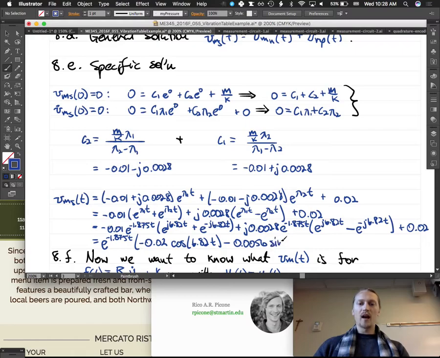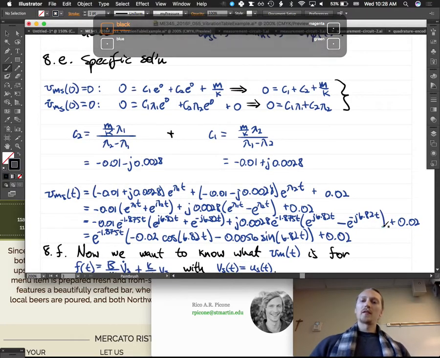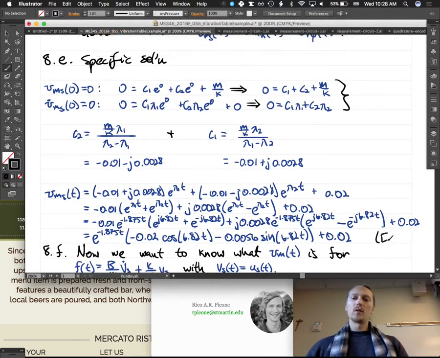So this one is sine of 6.82 t. And then we close the parentheses, and then we add our offset that we don't want to forget. And this last step, I'm just going to put here in parentheses, we used Euler in this last step. We hadn't actually used Euler up to that point, right? We finally used it.